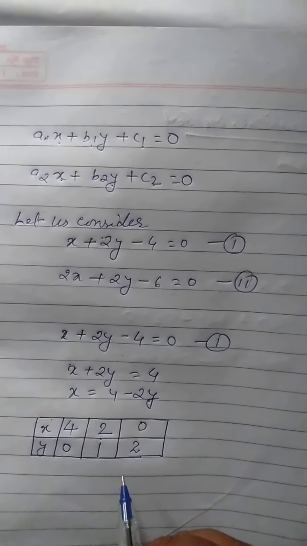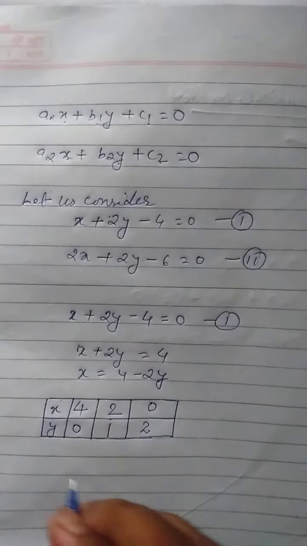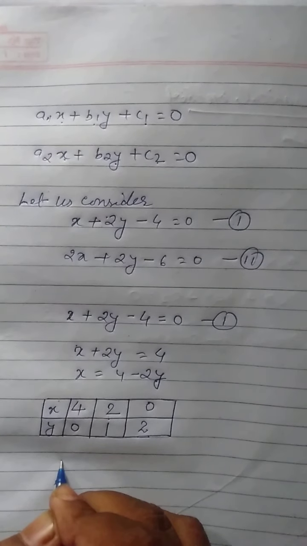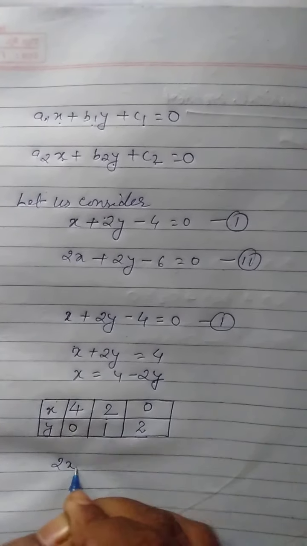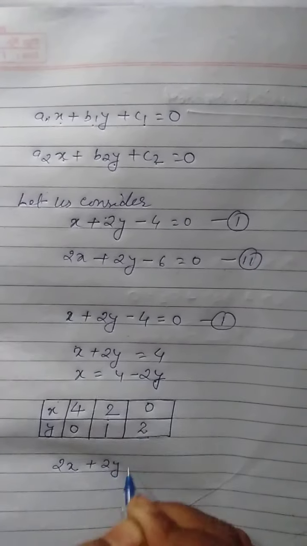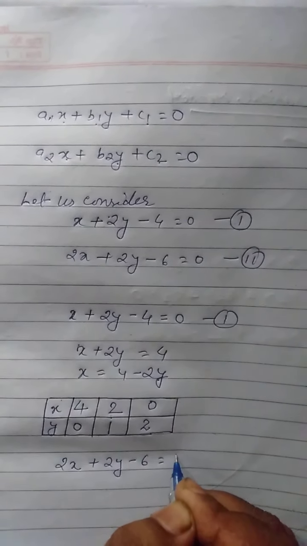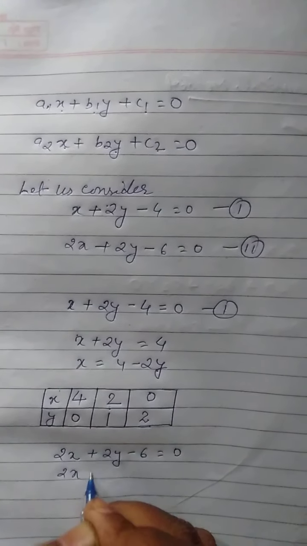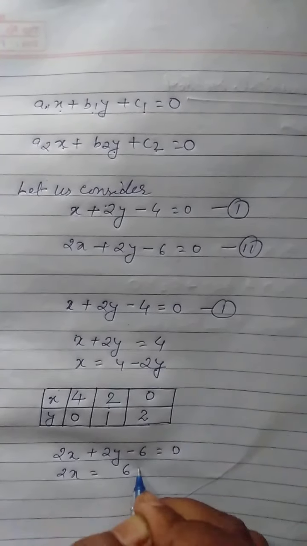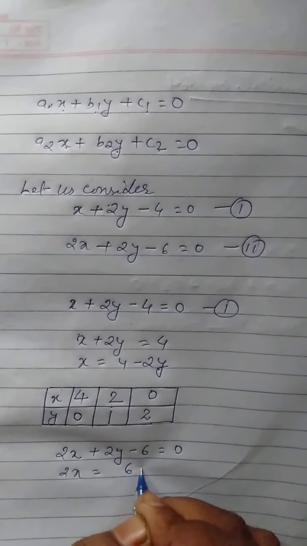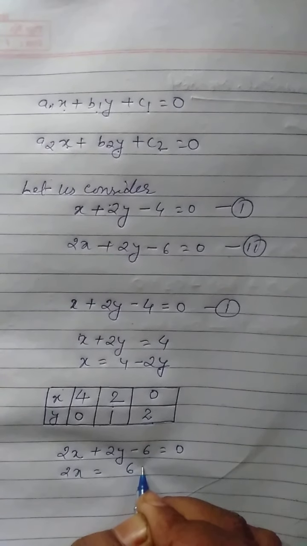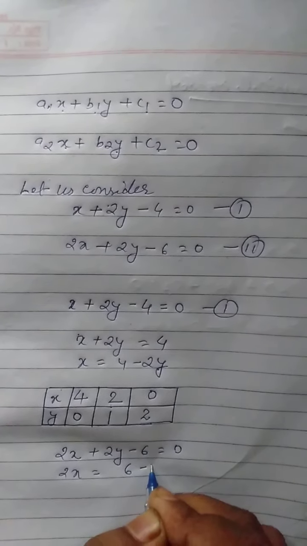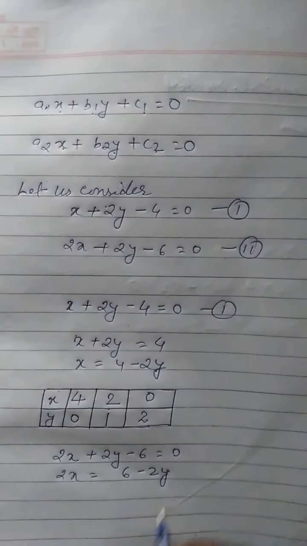Now we have to find three solutions of the second equation, and our second equation is 2x plus 2y minus 6 equal to 0. It can be written as 2x equal to 6 minus 2y.